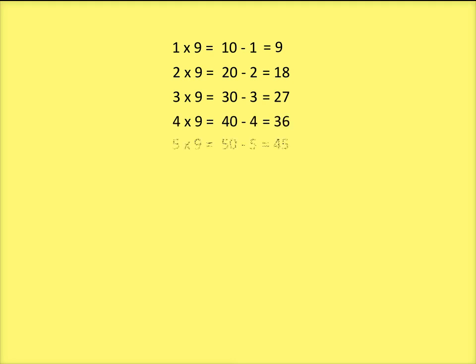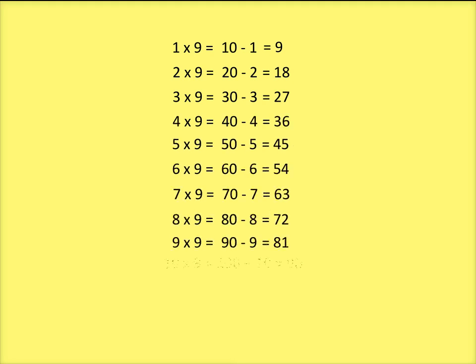So 1 times 9 we could think of as 1 times 10, 10 minus 1, because we're minusing a group, which equals 9. 2 times 9 we can think of as 2 times 10, 20, minus 2 times 1, 2, which equals 18. 3 times 9 would be 30 minus 3, which equals 27. And that pattern keeps going all the way through for your 9 times tables.